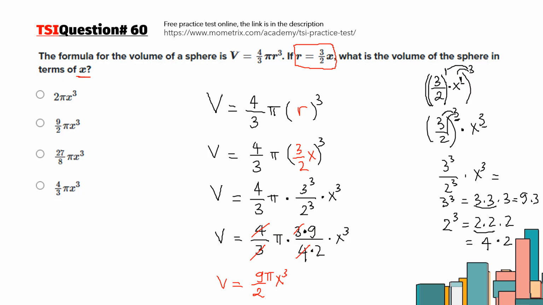Okay, we can put pi on the side: pi times x cubed. So 9 over 2 pi x cubed, that is B, the second choice here.